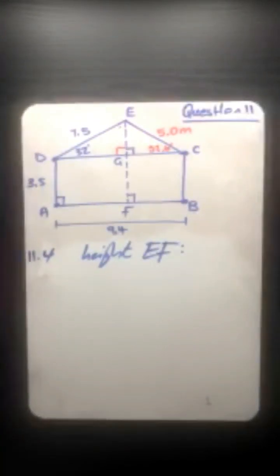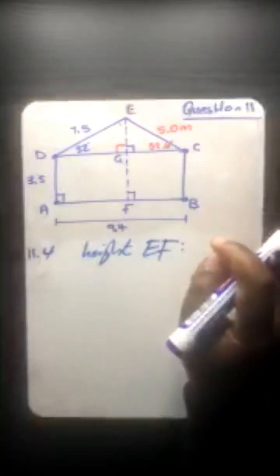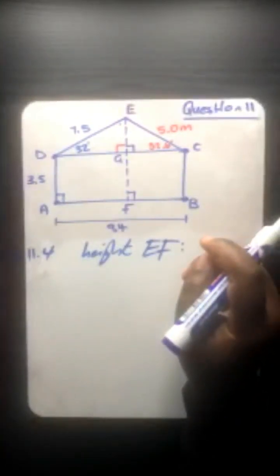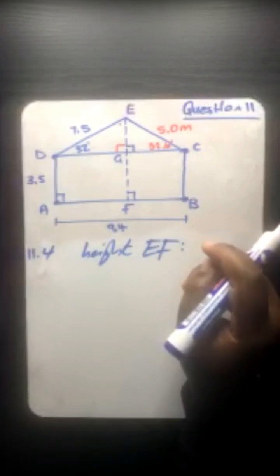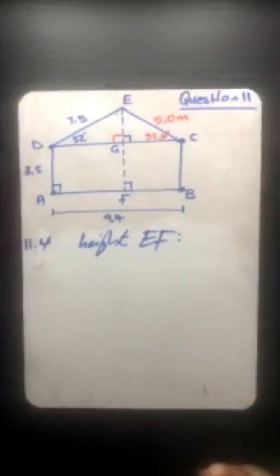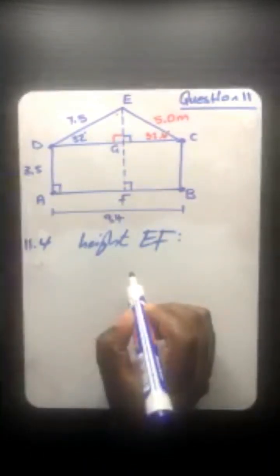Break it down into components, sir. I won't say components, but yeah. Order, who's speaking? Kabelo. Okay, how do we break it down? So you've got the height, 3.5, I believe.